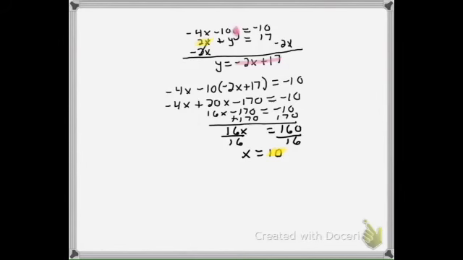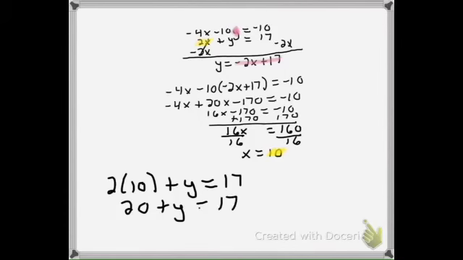So I'm going to go 2 times 10, that's what x is, plus y equals 17. You can already see that y is going to be 7. That's 20 plus y equals 17. Subtract 20 on both sides. And y equal negative 7.